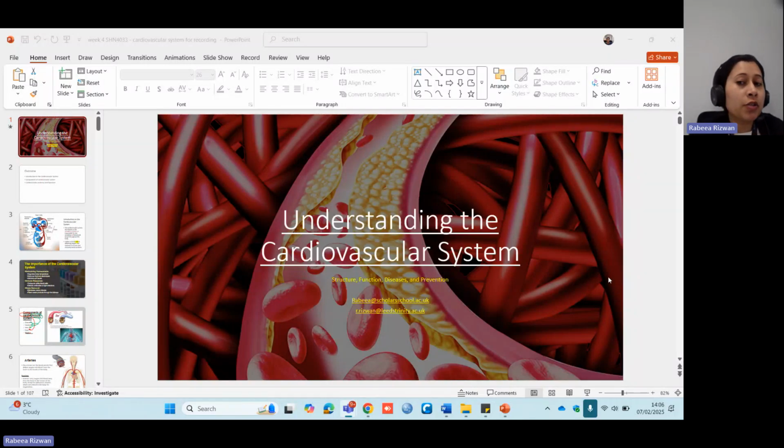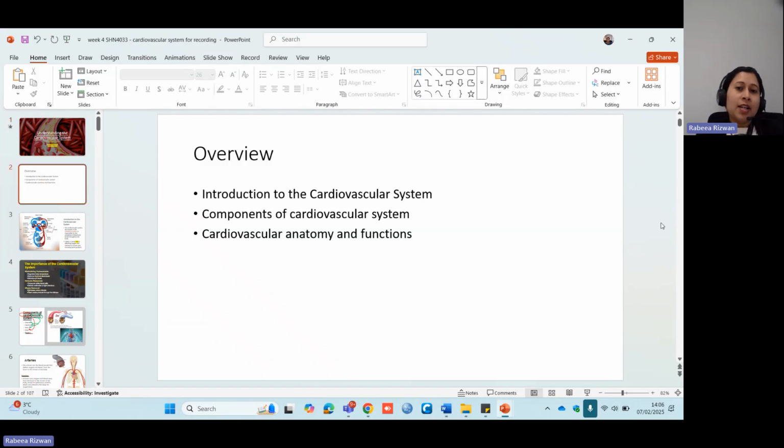And today what we are going to discuss is the cardiovascular system. So let's see what we are covering today. In this session, we are going to discuss the introduction, what the cardiovascular system is, its basic components, and basic anatomy and functions.